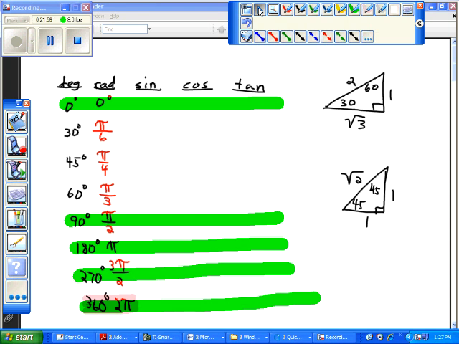When we think about sine of 30 degrees, we're thinking about the length of the leg opposite the 30 over the length of the hypotenuse. If we were looking at our special right triangle right here, and we were talking about leg opposite 30 over hypotenuse, what fraction would you get? Leg opposite 30 is 1. Y'all seeing what I'm talking about?